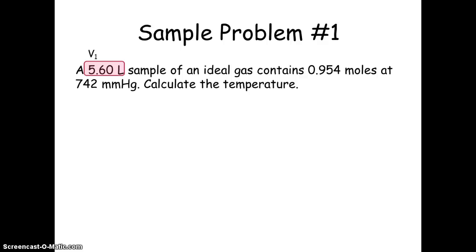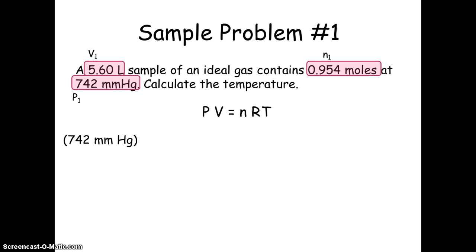So we know we've got our volume 1, our liters. We've got N1, our number of moles. And we have P1, our pressure. So, PIVNERT. We want to just plug in the numbers that we need. Pressure is going to be 742. Volume is 5.60. Note that it's in liters.